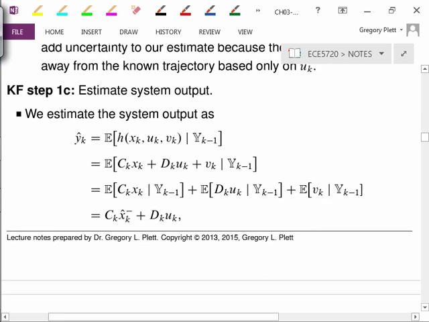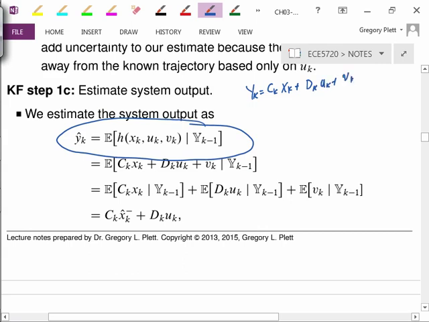Step 1c says, generically speaking, that we want to estimate, or predict might be a better word, the system output as this. And the output equation, remember, is y_k equals C_k x_k plus D_k u_k plus sensor noise v_k for a linear system. We take the generic output equation and replace it with the specific linear output equation of our model.